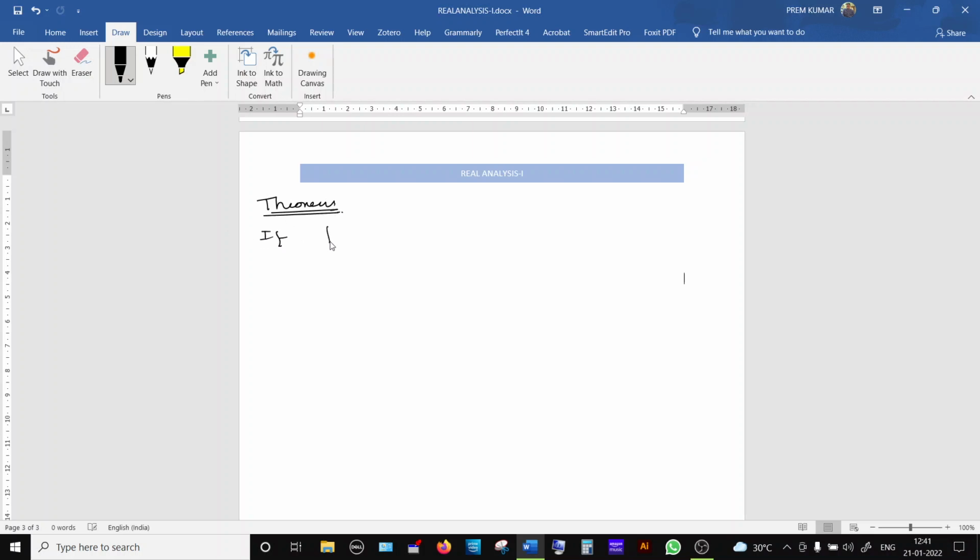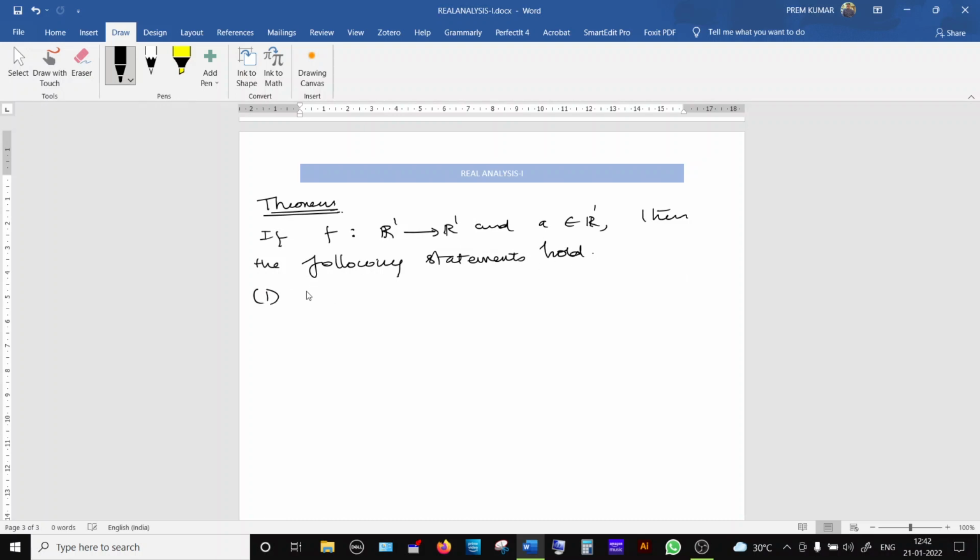If f is a function from R1 to R1 and A is any element of the real line, then the following statements hold.